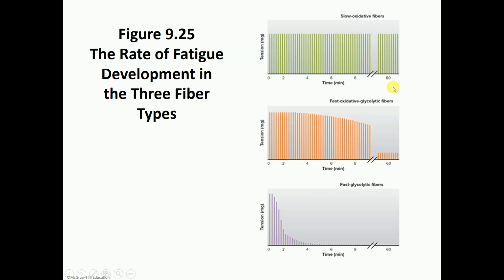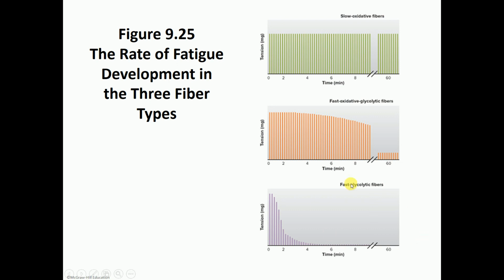If you look at these graphs, you see that these muscle fibers have been stimulated for a whole hour. These are your slow oxidative fibers, like your back muscles, and you can see here no fatigue; it keeps on contracting. Other muscles that are fast oxidative glycolytic are a little bit resistant to fatigue, but they will eventually fatigue and decrease the force of the contractions and the tension produced.